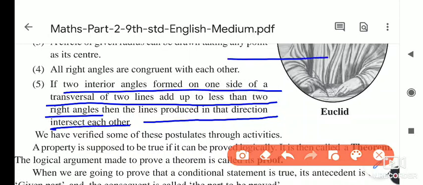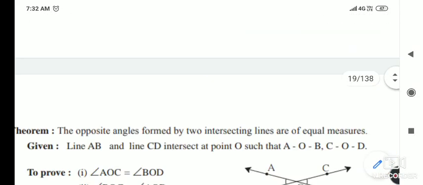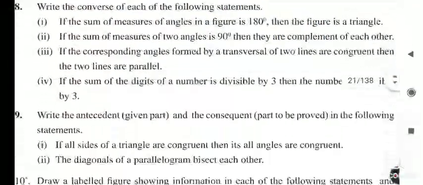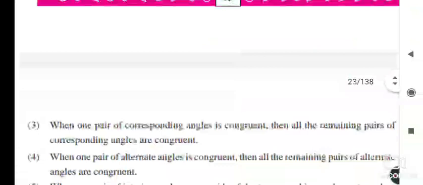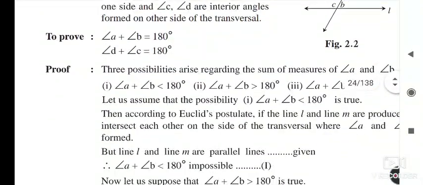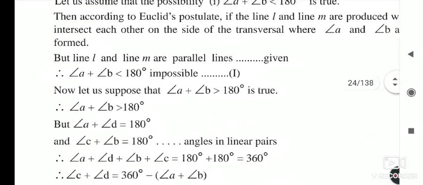So if these two lines are not parallel to each other, then if we produce them here, they intersect each other at one point. This is the postulate, and according to it, a sum of interior angles less than 180 is impossible if the lines are parallel.